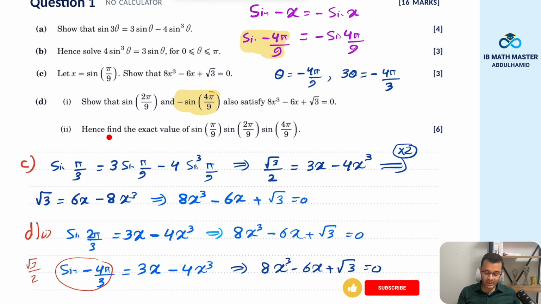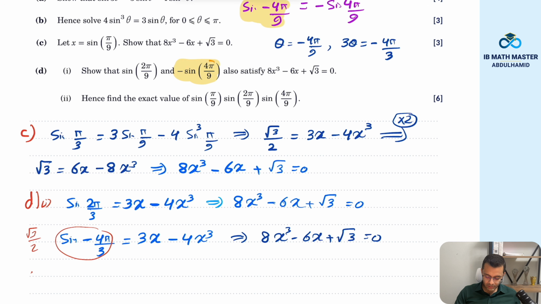In part 2, it says find the exact values of this sine multiplied by sine multiplied by sine. Now, this is no calculator. Never think that we need to look for trigonometric identities or whatever to solve this. No, it's directly related to the cubic that we did here.